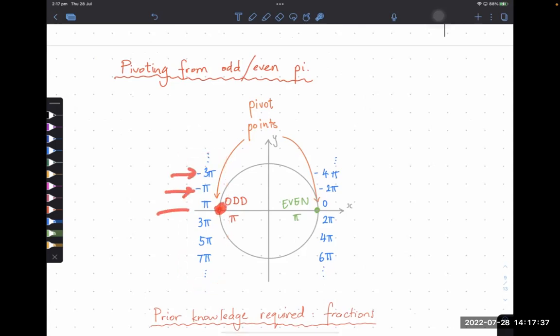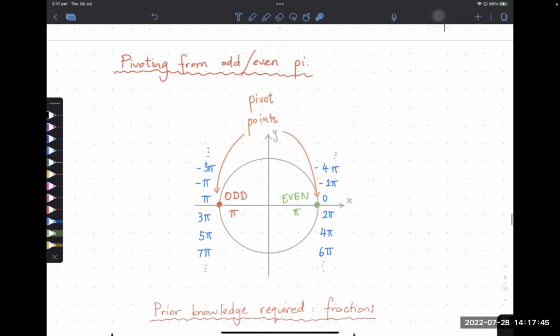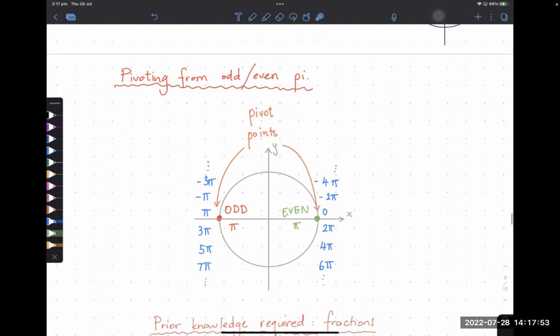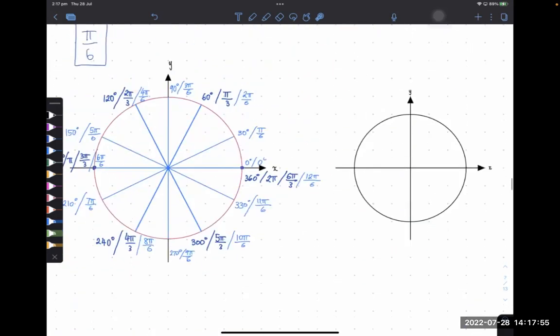That's where this position is always located. On the right-hand side, we have even pies. Remember how a moment ago I said that these points are going to be very important? These are what I like to call pivot points. We're going to pivot from here to find these other angles up here, like these ones, okay?